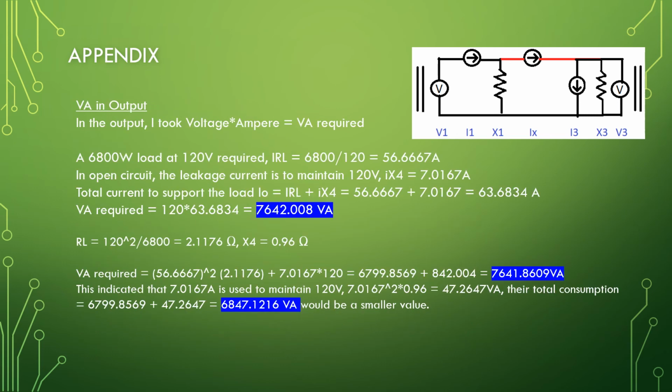VA in output. In the output, I put VA times ampere equal to VA required. A 6,800 watt load at 120 volt requires IRL equal to 6,800 VA divided by 120 volt equal to 56.6667 ampere.